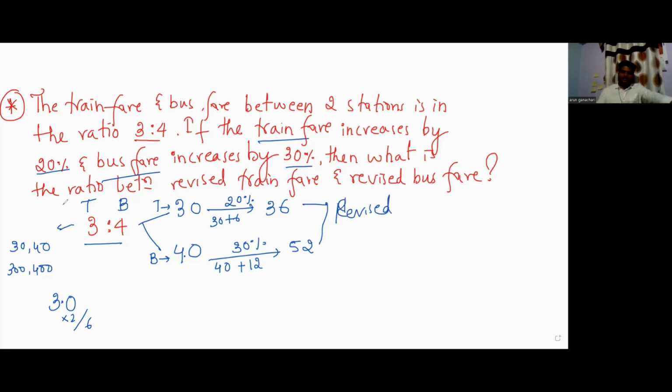So what we have to find? We have to find the ratio. The question is find the ratio between them. So 36 divided by 52. Cancel out something. 4 9s are 36, 4 13s are 52. So what is the ratio? 9 by 13. Getting this?